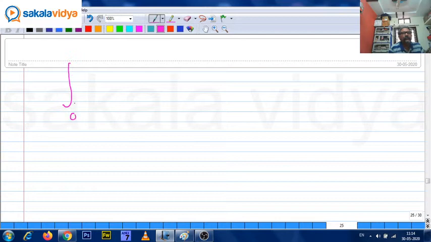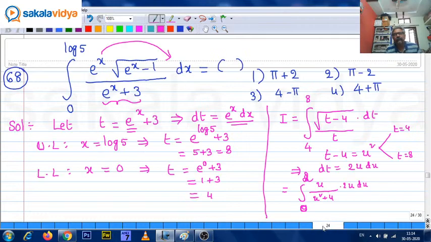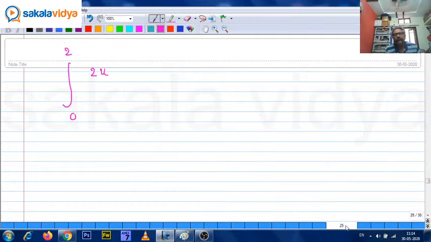Integral 0 to 2, u by u square plus 4, into u du. Okay, 2 common.